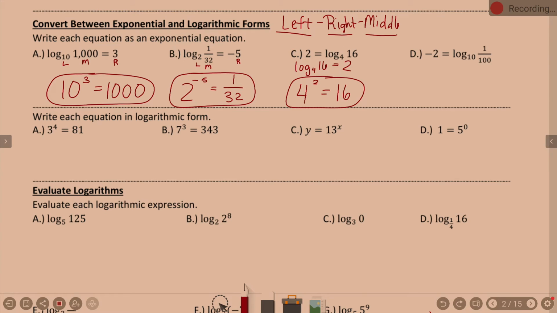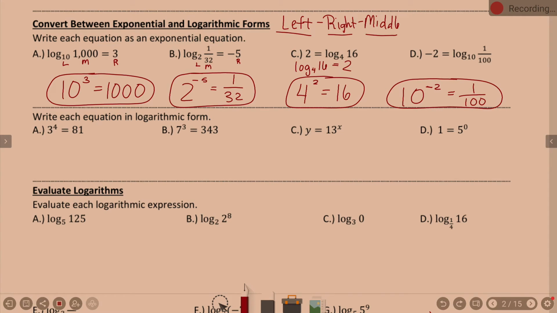And what about D? 10 to the negative second equals 1 over 100.